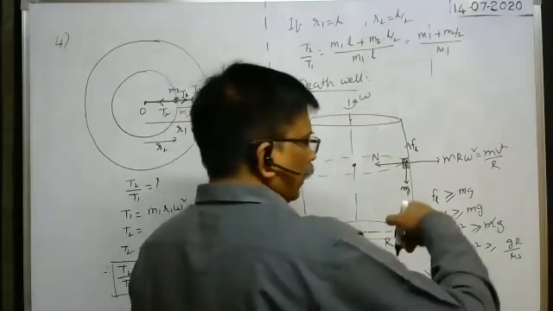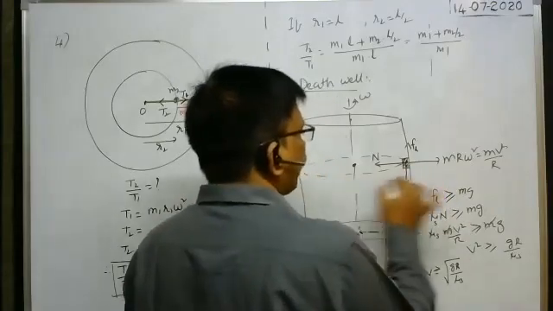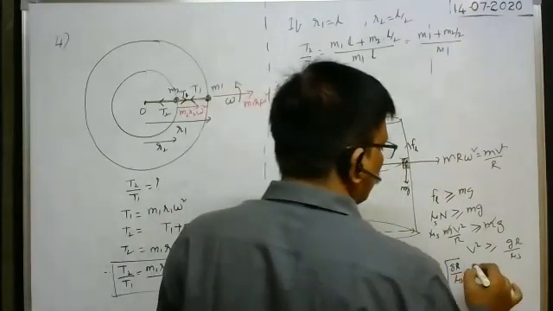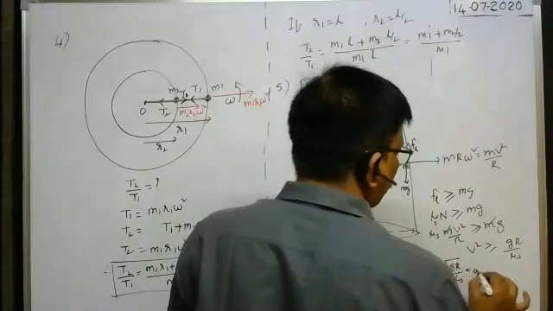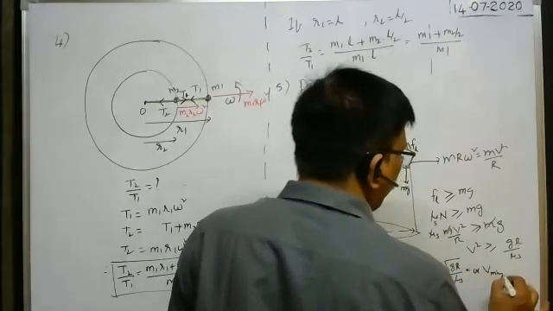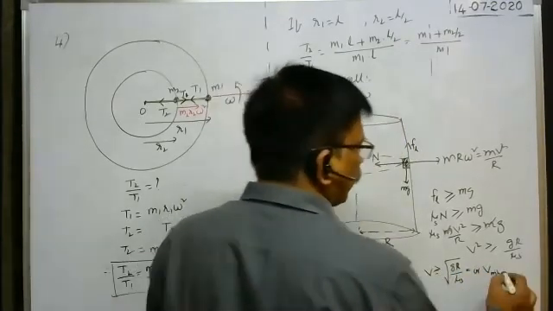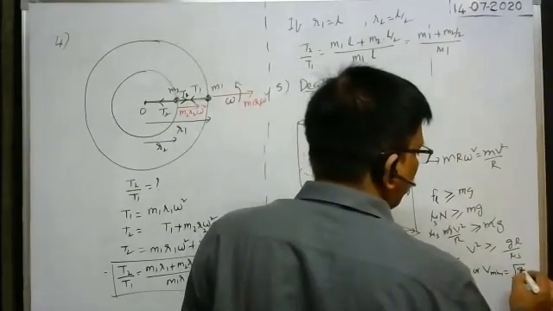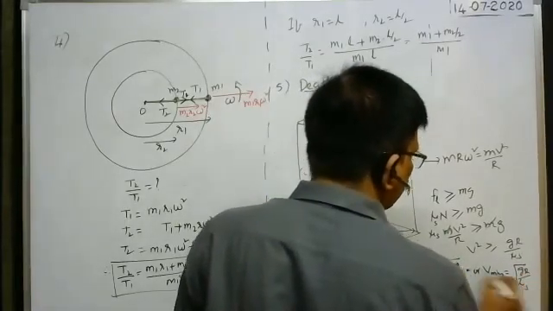What is the minimum speed with which the body can travel in the death well? For minimum velocity, v minimum is equal to root of gr by mu s.